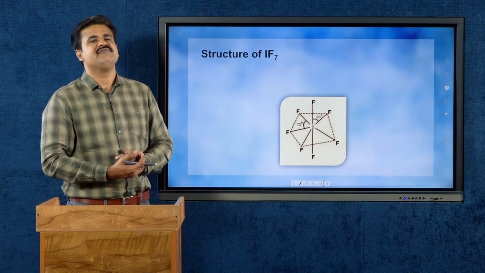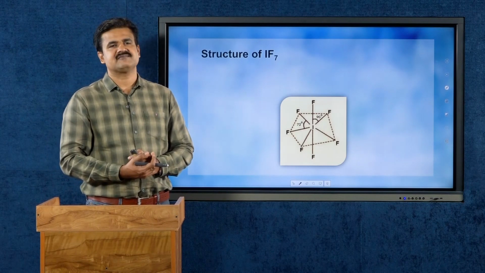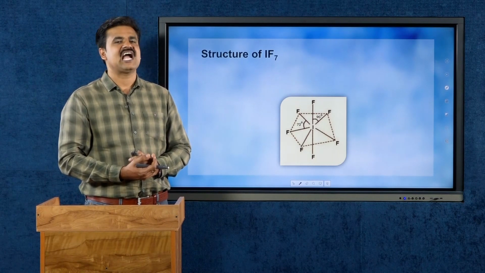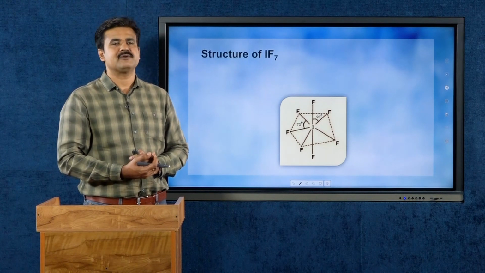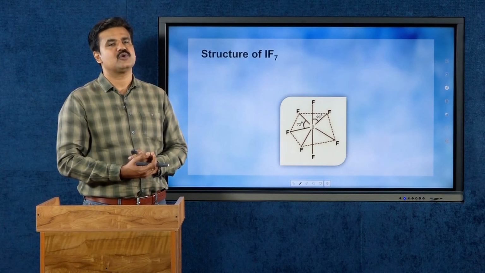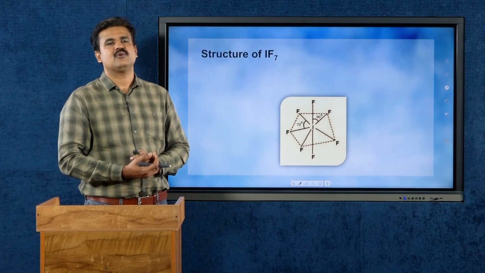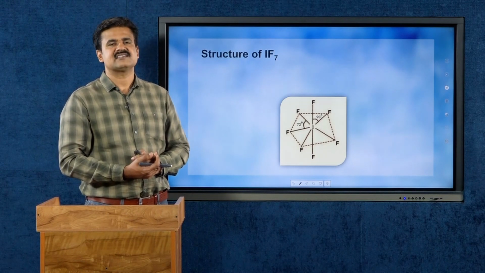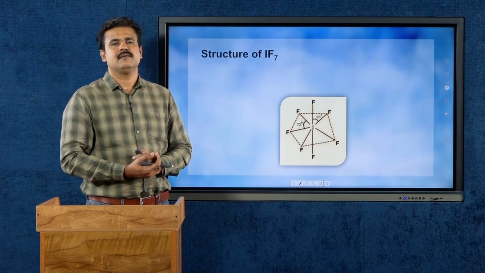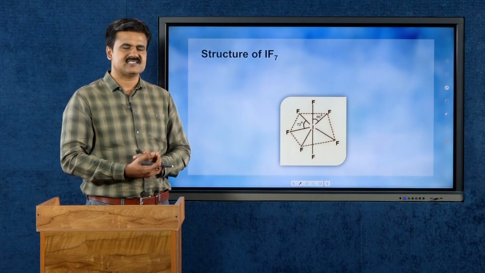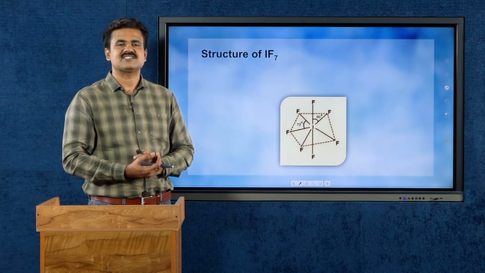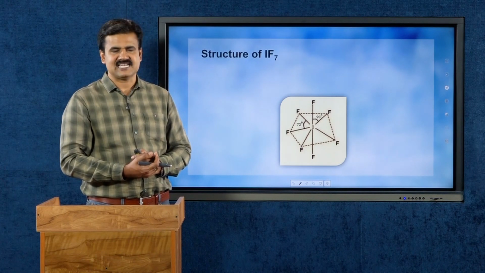Now, with respect to the structure of IF7, it is very clear that hybridization leads to geometry. From the geometry, you can find out the structure of the molecule by ignoring the lone pair of electrons. The structure of IF7 is here. The structure is pentagonal bipyramidal. The geometry is the same as the structure. This is because there is no lone pair of electrons on the central atom.